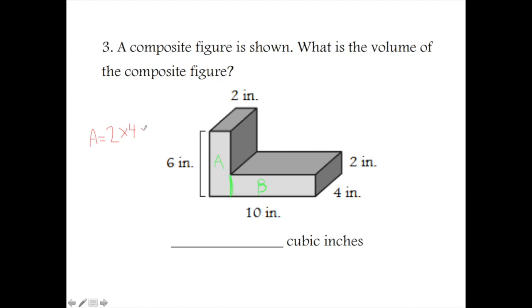And my height is 6. So all the dimensions were given to me for A. All right, I'm going to figure this out. 2 times 4 is 8, and 8 times 6 is 48.